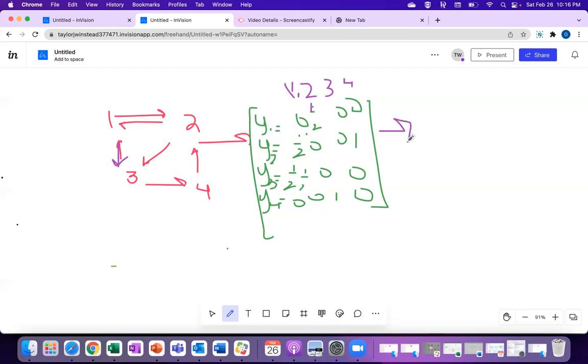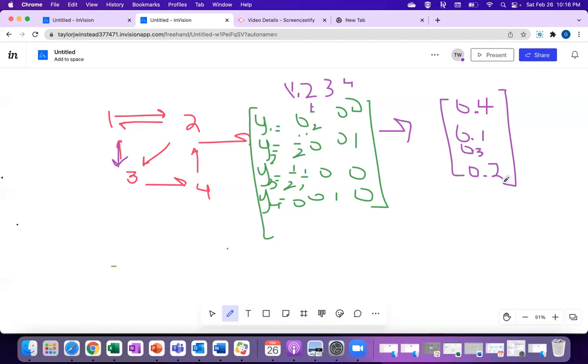So what I mean by that is, say our initial distribution of where people were on these pages was 0.4, 0.1, 0.3, and 0.2. This all adds up to 1, right? To distribute something, it's distributing the whole, the whole being 1, into different parts that are going to these different pages.